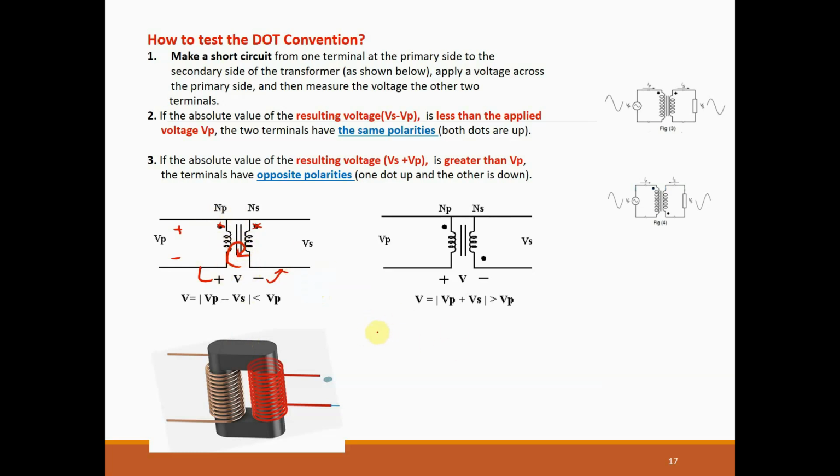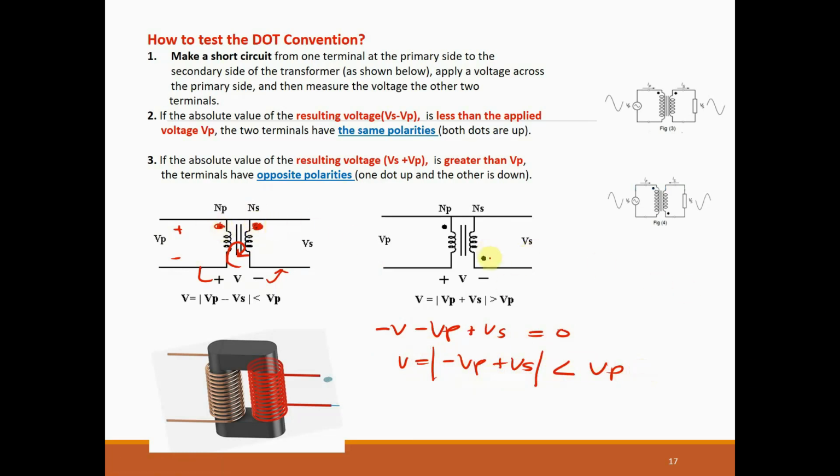Let us write the voltage equation, minus V. And this is negative and positive on VP, minus VP. Okay, and here, we don't know the polarity. But if the reading here will give me plus VS, will be equal to 0, right? And here we have V is equal to minus VP plus VS. It means there is the difference. And you take the absolute value of this, and which is less than VP, it means to say that they have the same polarity. So we have the same polarity. That means the dot is here and the dot is here. Okay?